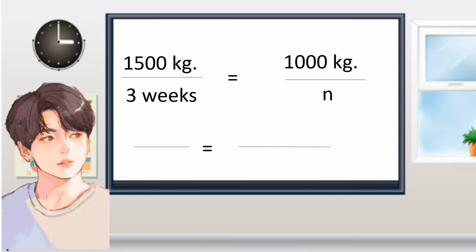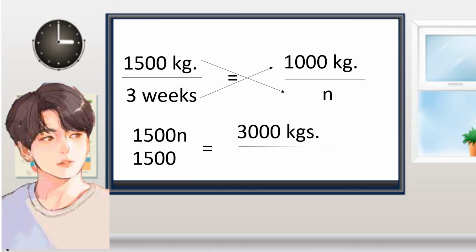So 1,500 kilograms over 3 weeks is equal to 1,000 kilograms over n. What are we going to do? We're going to cross multiply. So 1,000 times 3 weeks and 1,500 kilograms times n. So 3 times 1,000 kilograms is 3,000 kilograms.